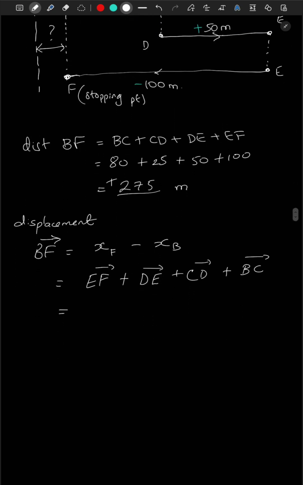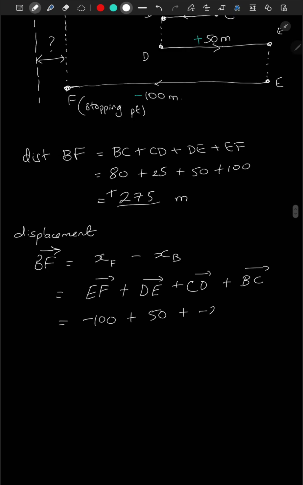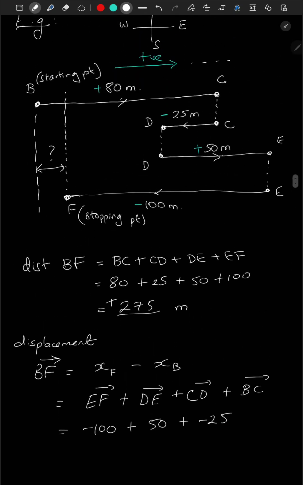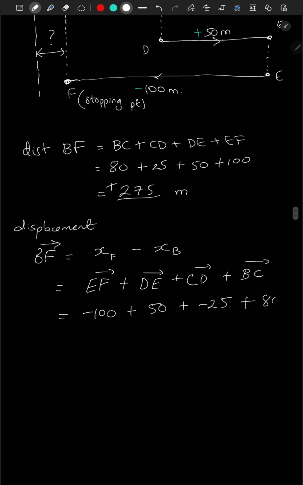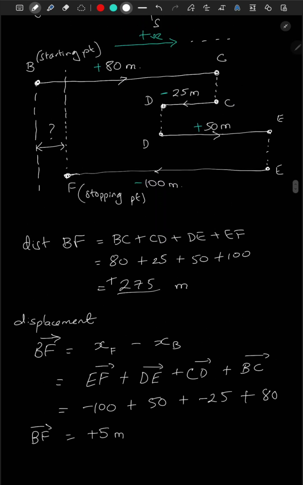EF is minus 100 plus DE is plus 50 plus CD is minus 25 plus the 80, which is BC. And if we add everything, you will have positive 5 meters. So BF is positive 5 meters. And this is 5 meters from the starting point.